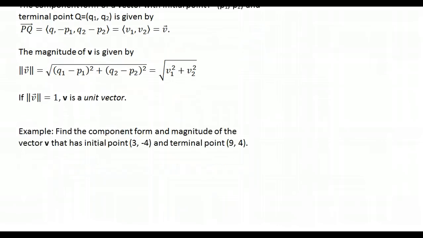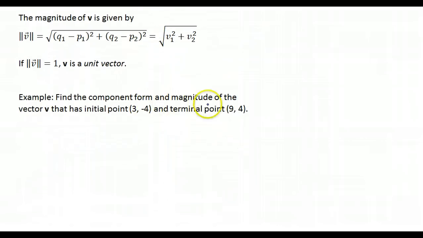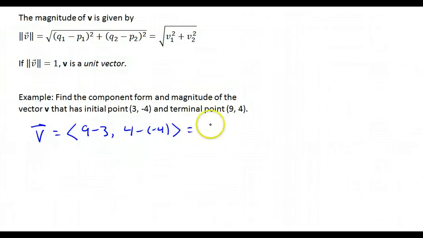All right, so let's find the component form and magnitude of the vector v that has initial point 3, negative 4 and terminal point 9, 4. So vector v is going to be, now we're going to always do terminal point minus initial point. So it's going to be 9 minus 3, comma, 4 minus negative 4. And that works out to 6, comma, 8.